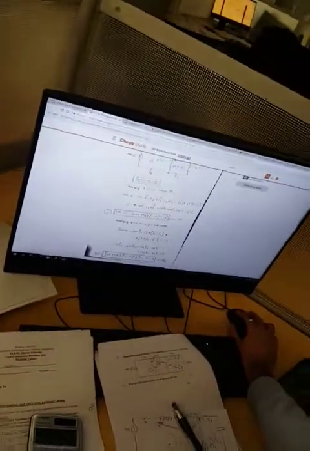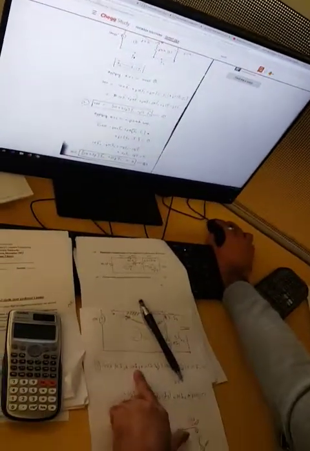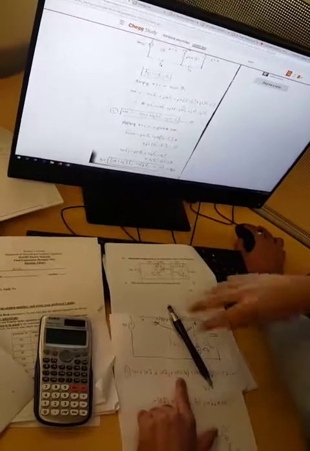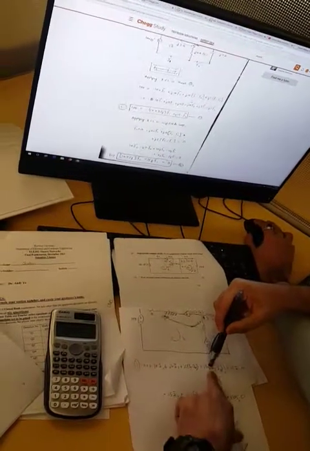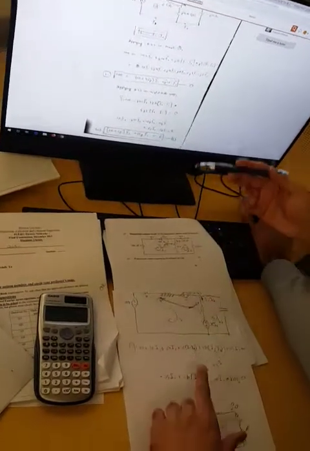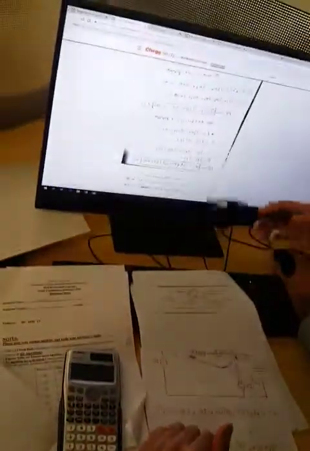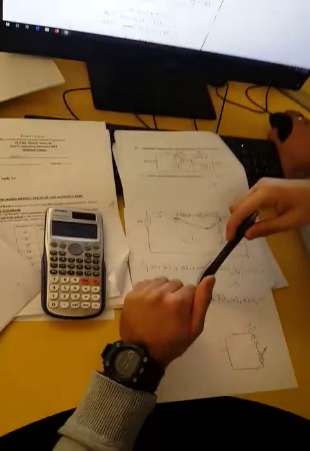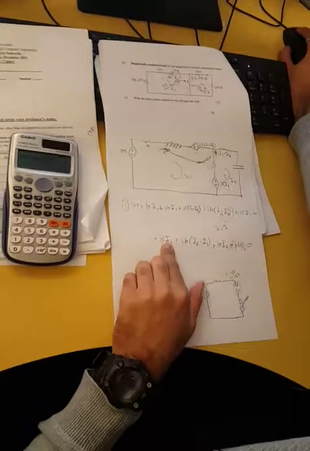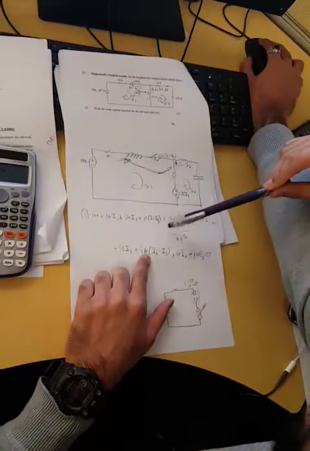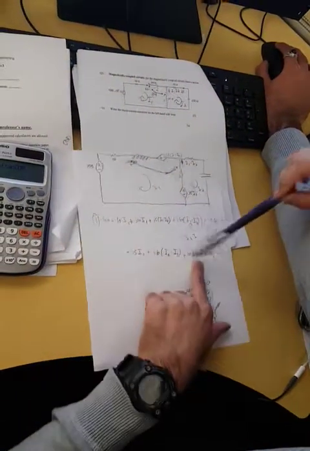So minus 100 is equal to 10 I1 plus J10 I1 plus J10 I1 minus I2 plus J5, same thing. Okay, and for the second one, what did they get? Read it: I2 times 10. Which one are you reading? This one.